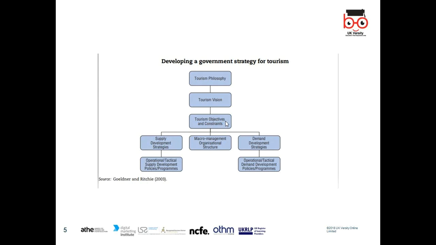Threats, let's say, or weaknesses that might affect the objective. Constraint means limitations. Maybe we don't have qualified managers in the tourism industry. We are constrained, so we need to recruit more. Or we need to maximize return from those limited resources.